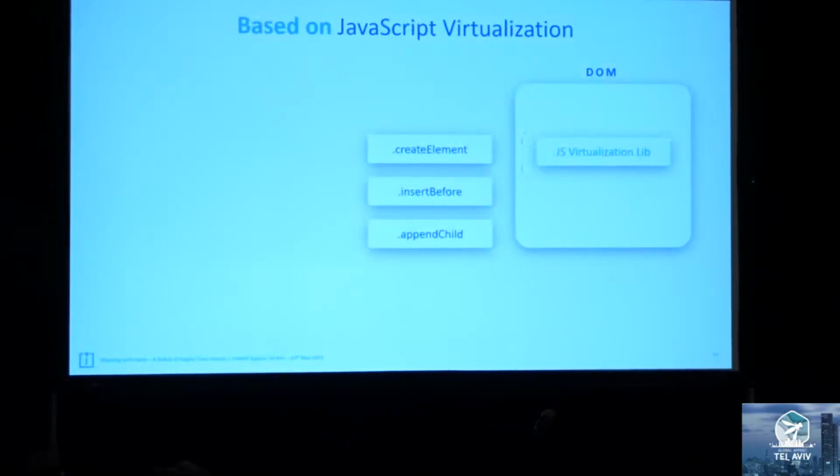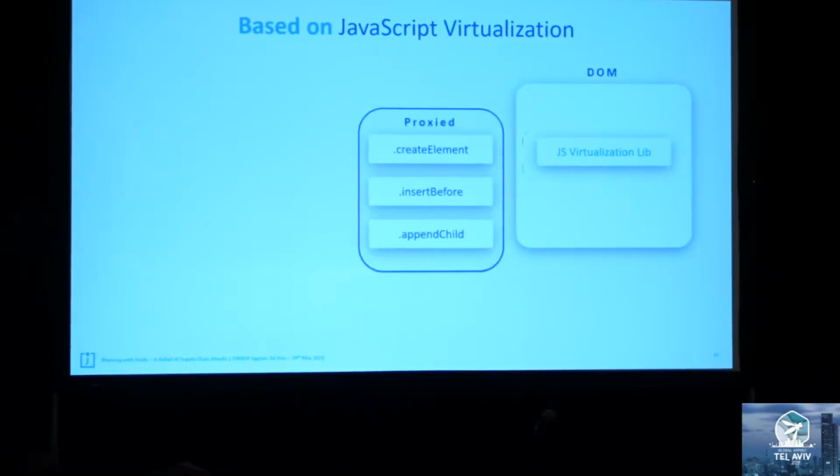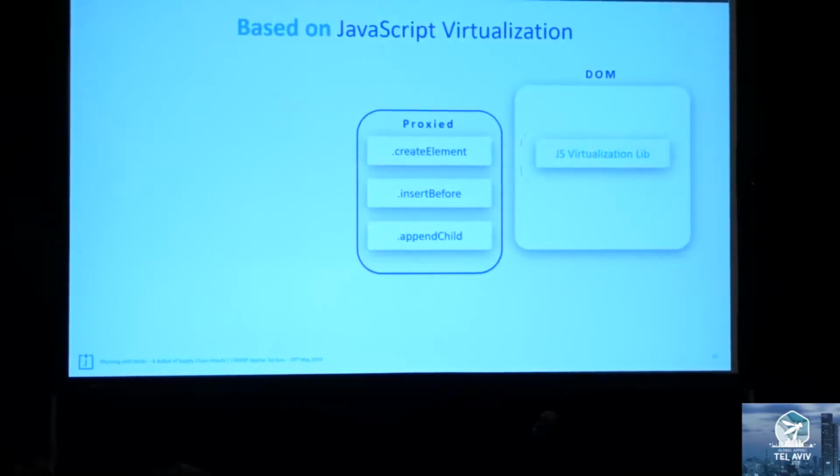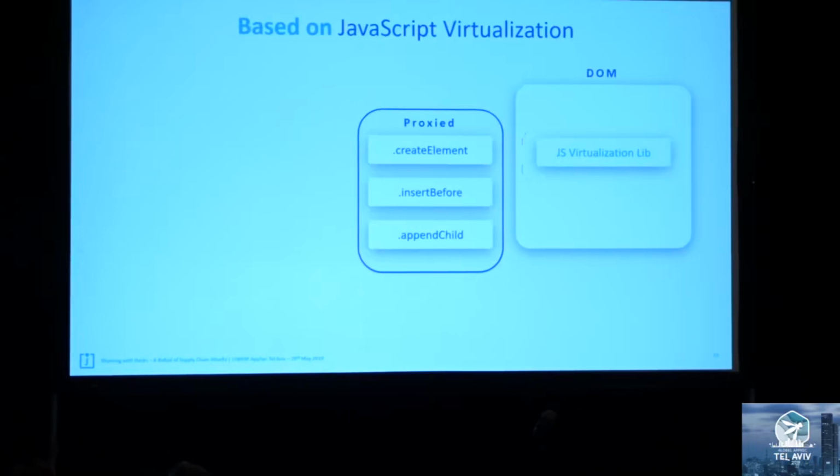Then it changes some methods that are used to add code to the page, like the examples that you're seeing. So these methods become proxied, and this gives you a certain level of security because, like I said, the assumption is that our library has executed first.